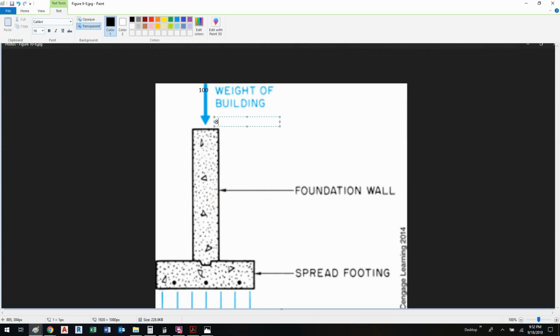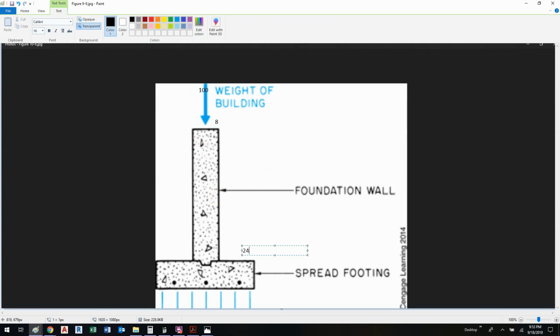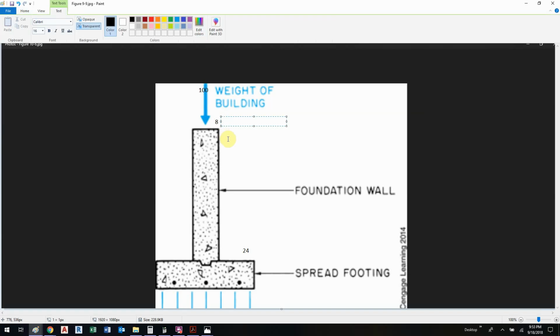We'll say 8 square inches, okay? And then down here we have 24 square inches. So at this point, we said that we had at 8 square inches, and we'll put in here square inches, we ended up with 100 divided by 8 equaled 12.5.